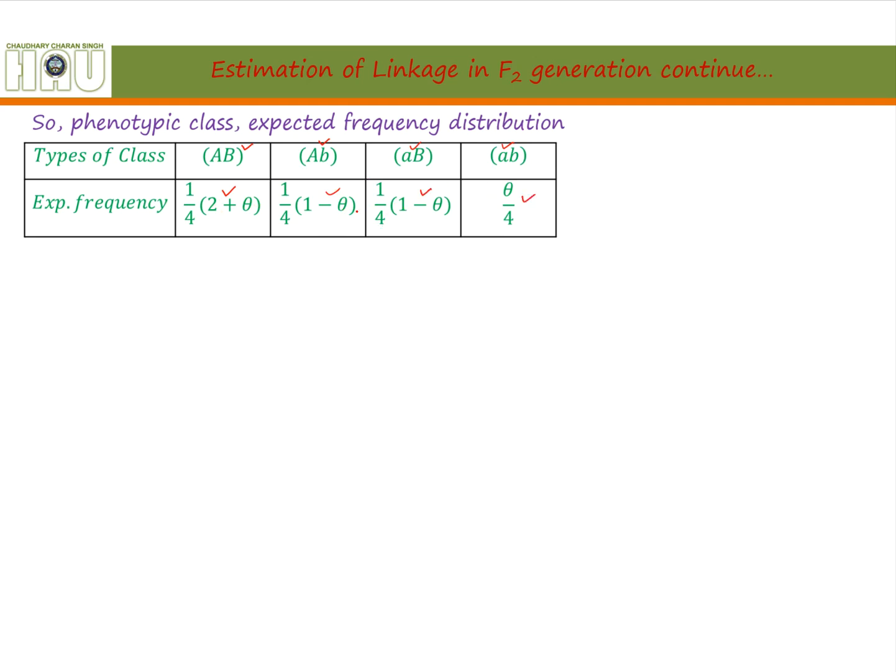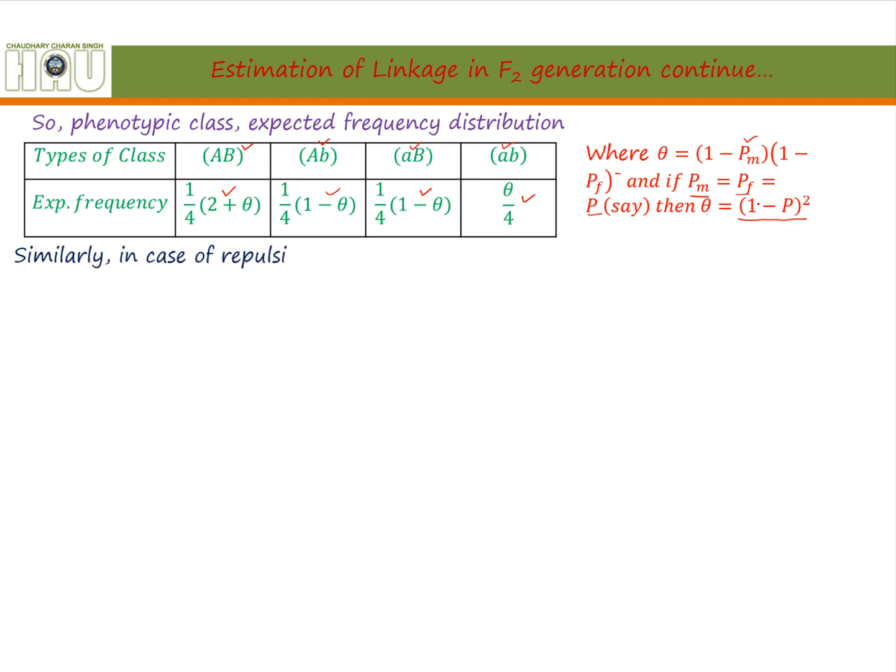From where does this theta come? Theta is nothing but the product of 1 minus PM into 1 minus PF in the coupling case. And if your PM and PF are equal to say P, then theta becomes 1 minus P whole square.